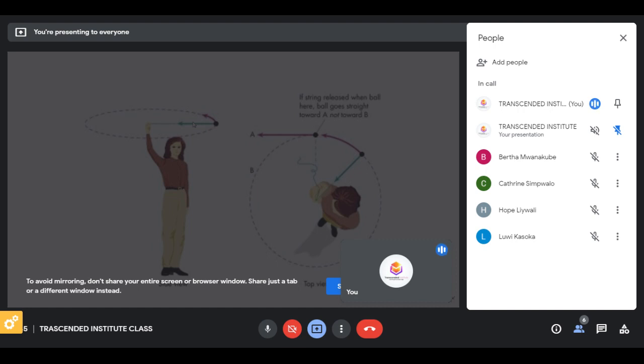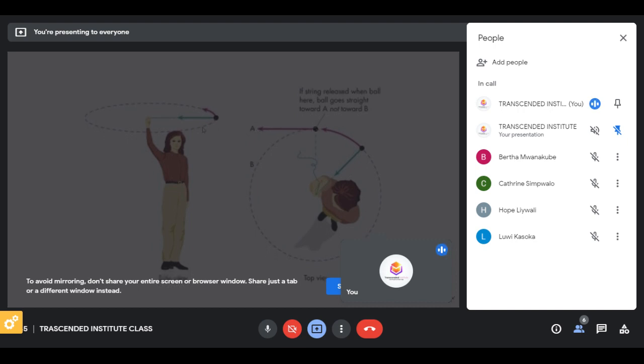Let's say the ball is somewhere here, for instance at this point labeled A. If the string cuts, the ball may go in that direction. It will not move in the circular path.